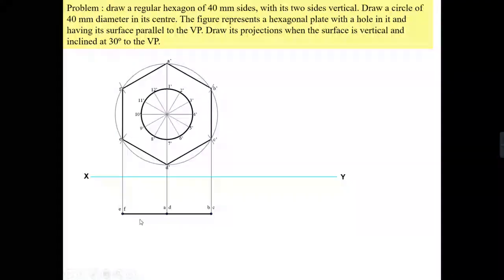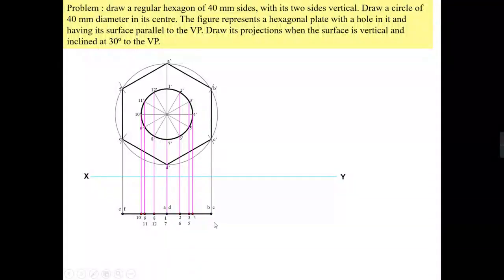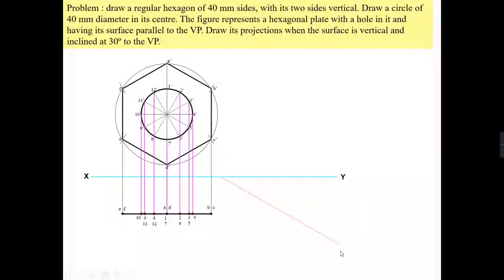So this is the top view of the hexagon, and I am marking all the points of the circle as well. Then I am drawing this line at 30-degree angle, so that your plane will now be 30-degree inclined to the vertical plane.